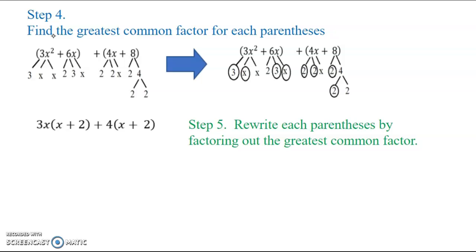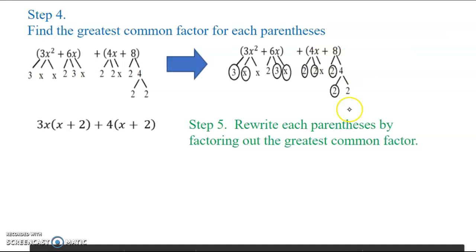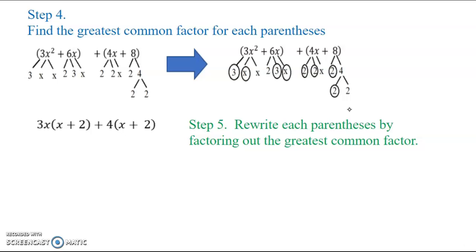So the term left behind is the 2 that comes here. For the second parenthesis, 4x plus 8, we said the common factor was 4. That's the two circled ones. What are we left with? Oops. We're left with x plus 2. And so you've factored out the GCF for each of the parentheses, the first parenthesis and the second parenthesis, separately.